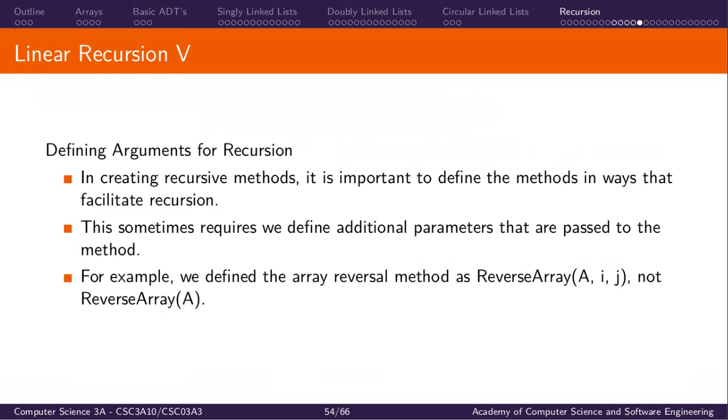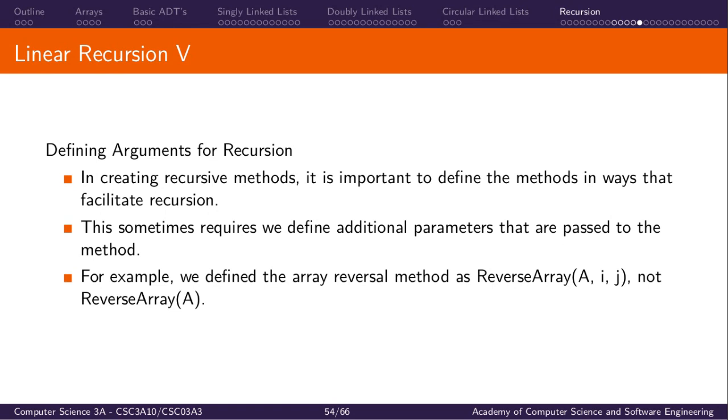For the other methods that we looked at, for the linear sum and for this reverse array, why is it that we chose to include more parameters? Why did we choose to allow more arguments to be sent each time we call this method? Well, it's more convenient, right? It's important for us to be able to choose our parameters in such a way that we're able to move towards that base case.